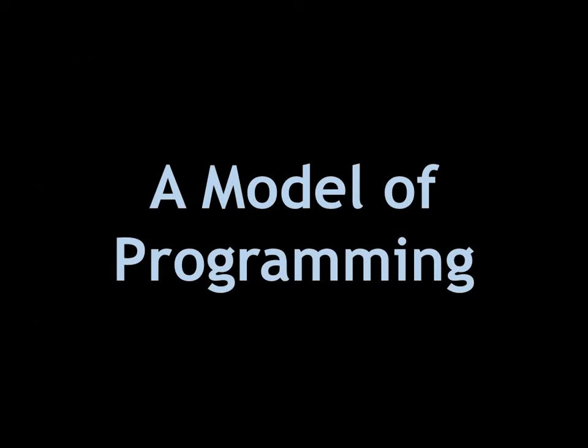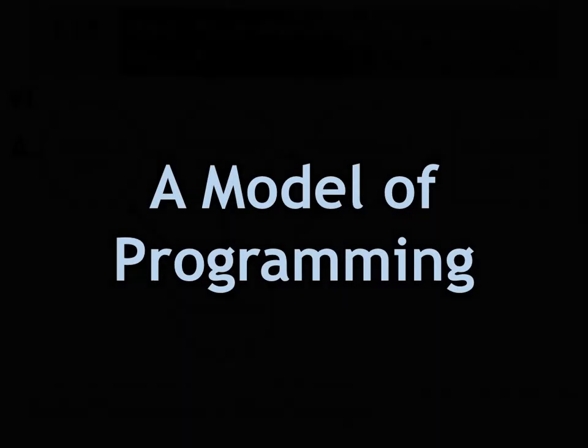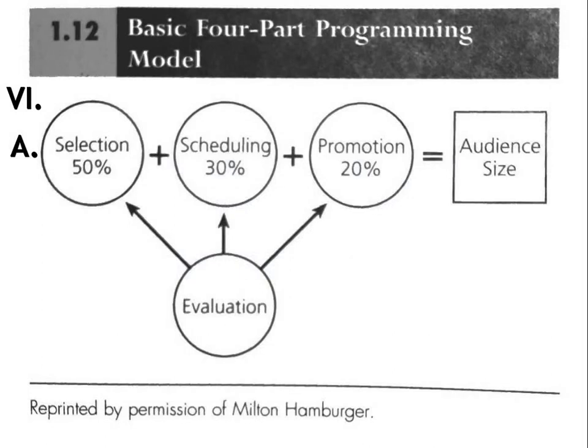All right, let's talk now about a model of programming. Now, what you're going to see on your screen is a diagram from your textbook, and this is what is considered to be a basic 4-part programming model.